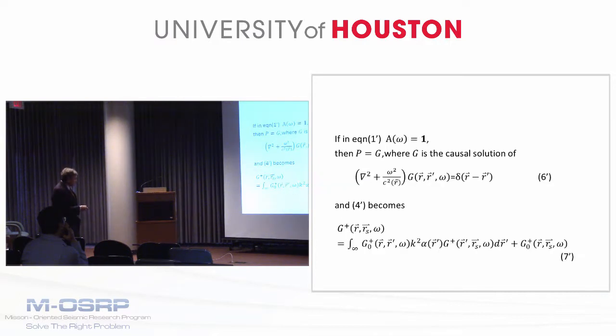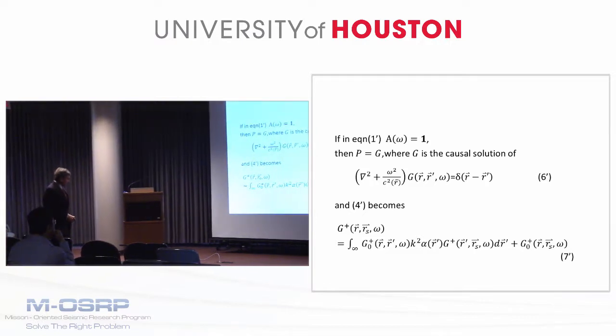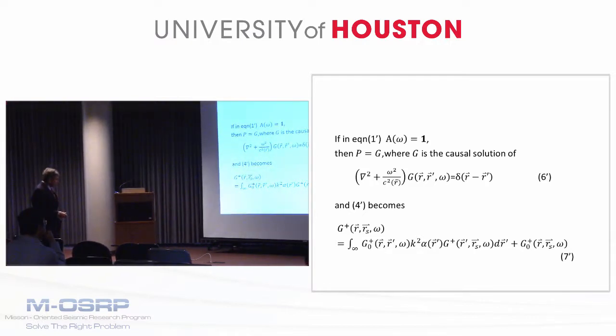And so that becomes equation 7 prime on the bottom. Instead of being for P, it's G plus, and G plus in, G plus out, and this is the reference G. And the next step is we write this in operator form.